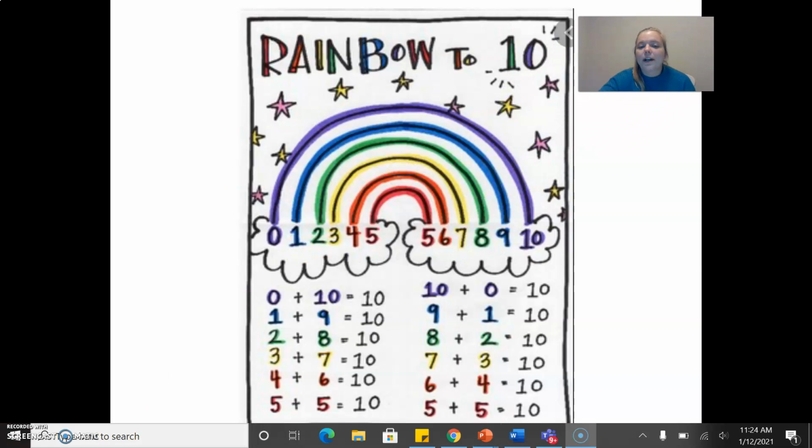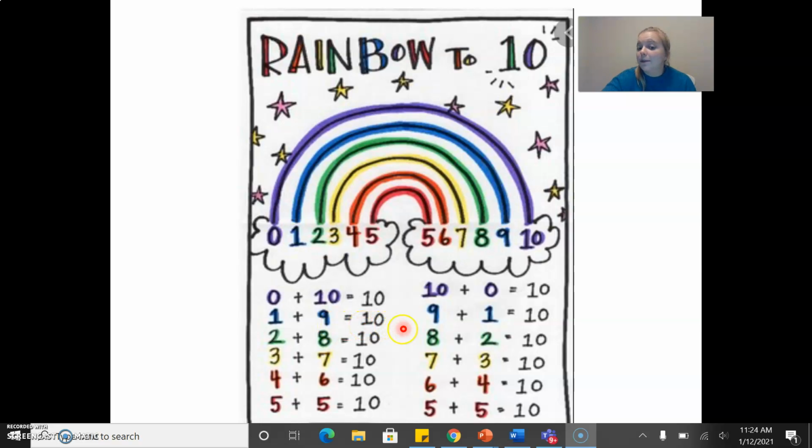All right, so this week we're going to be talking about our facts to 10. We need to work on memorizing all of these number pairs to 10. So I have 0 plus 10 equals 10, and then I can flip-flop those numbers and know that 10 plus 0 is also going to get me 10. And I have 1 plus 9 equals 10.